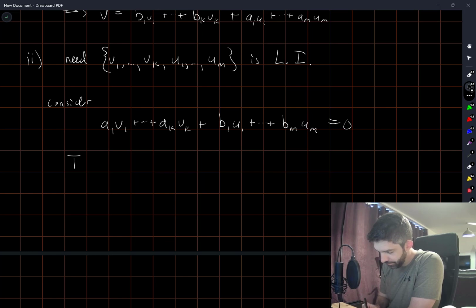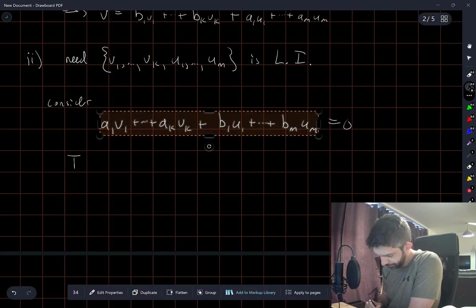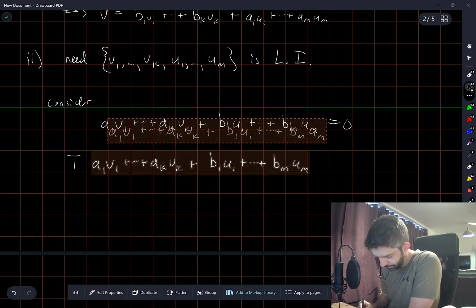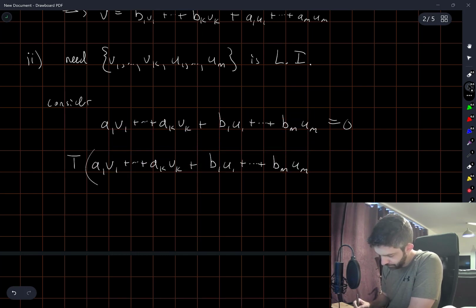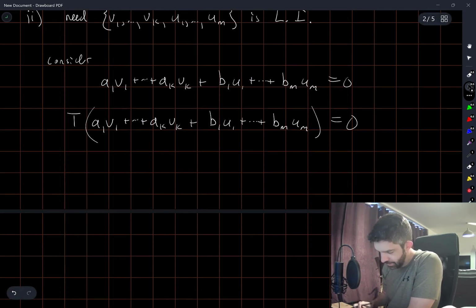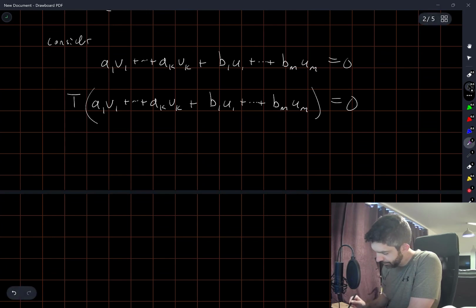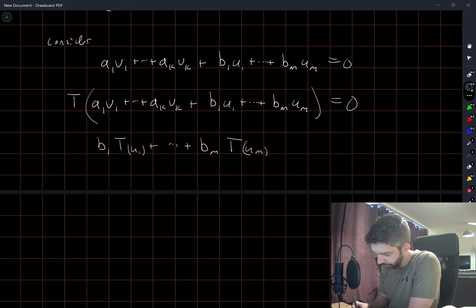It says T of this whole thing is also equal to 0. But these vectors are all in the kernel of T. And so when I distribute T through this, all the T of V1 up to T of VK are equal to 0. So this can be written as B1 T of U1 plus ... BM T of UM is equal to 0.